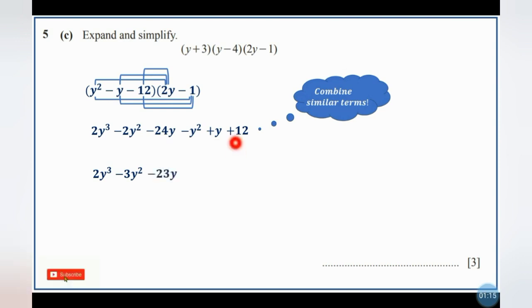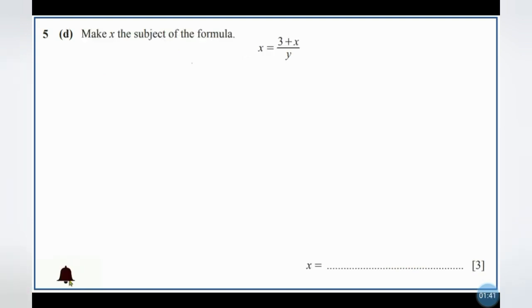And then I'll have 12 alone as a constant. You cannot see any other constant here, so 12, bring it down. As simple as that, you will get your answer, 2y cubed minus 3y squared minus 23y plus 12. You'll get 3 marks. But of course, you have to show this kind of working in order to get those 3 marks. Let's move on to letter D.